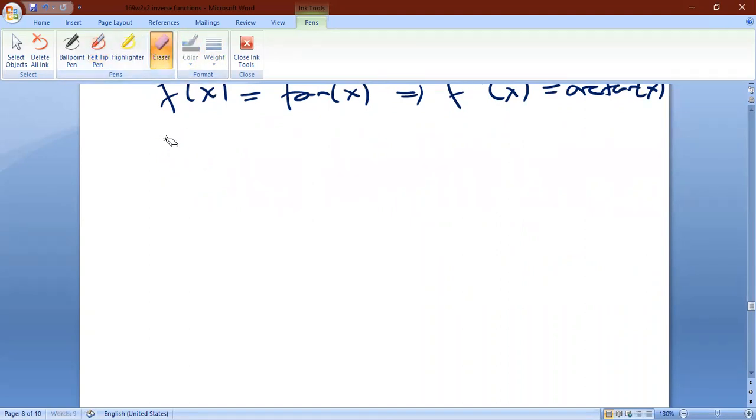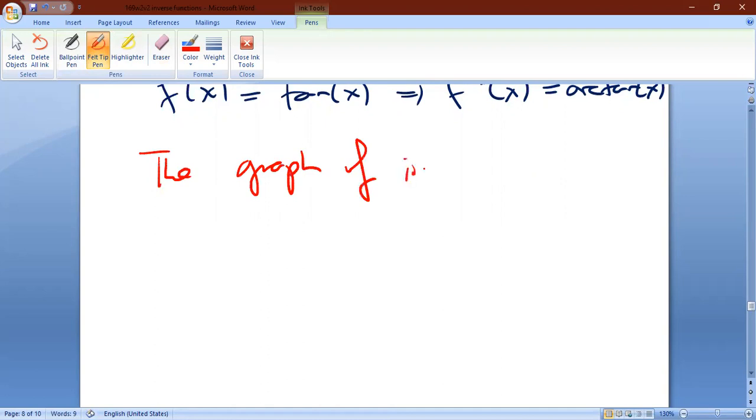And then there is one more useful piece of information about inverses of functions. That's the graph. So the graphs of inverse functions. We will use this also. This is a very useful fact.